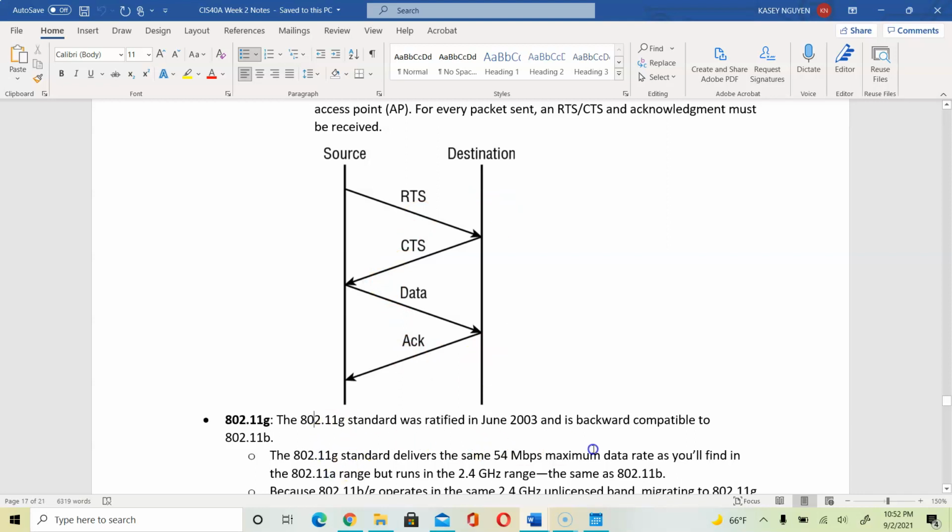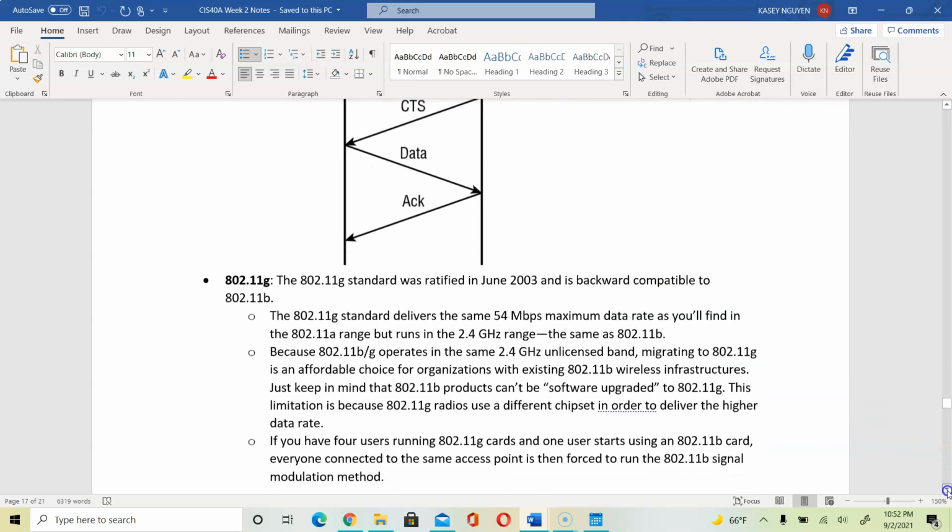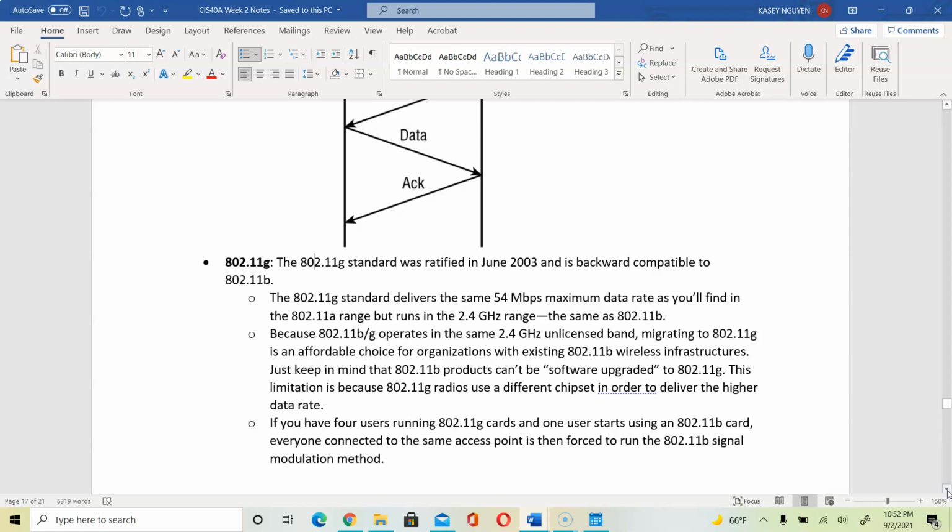The 802.11g standard was ratified in 2003, and it would be compatible with B. So G is backward compatible with B, and it's able to provide 54 megabit per second as maximum data rate. Now it runs on the 2.4 gigahertz range. So 802.11b is compatible with 802.11g, meaning that G has compatibility with the devices that were classified under 802.11b.